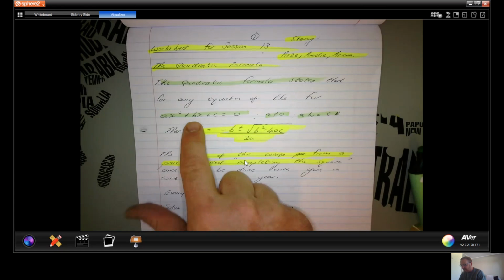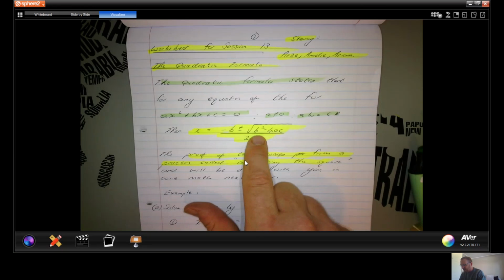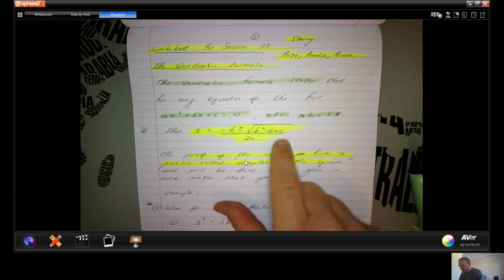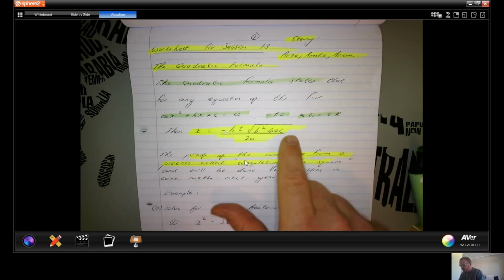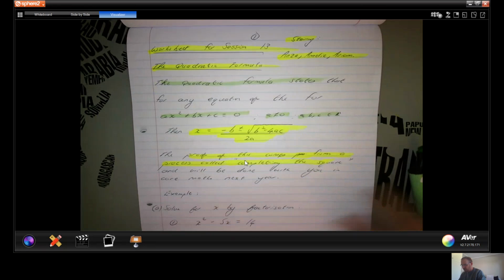X is equal to negative b, in other words, negative the coefficient of x. Negative just means the opposite sign of whatever the original b is, plus minus the square root of b squared minus 4ac, where b is the coefficient of x, a is the coefficient of x squared, and c is the constant term, the whole thing over 2a.